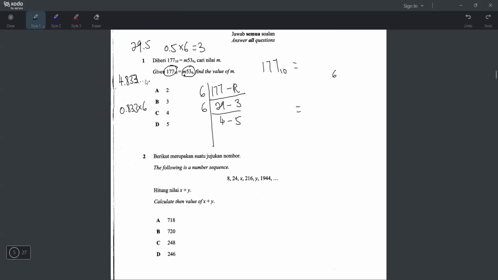Actually, it's 0.833333, there are a lot of threes. If you press many more threes, then they will give you exactly 5 in the calculator. But since I only pressed 0.833, that's why they give me 4.998, right? But you don't need to press so many, because who has time to press so many threes, right?